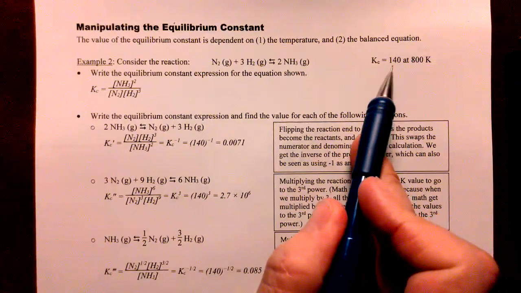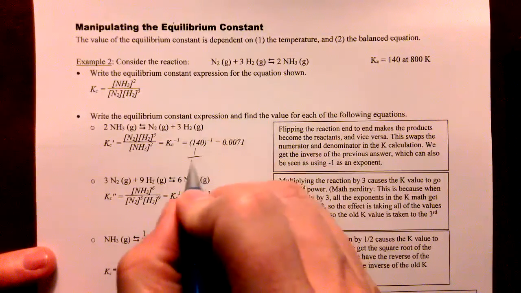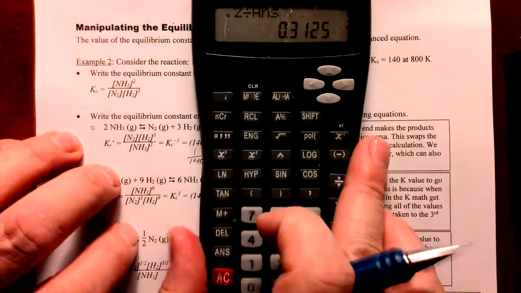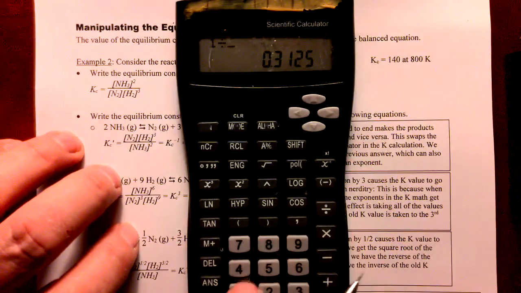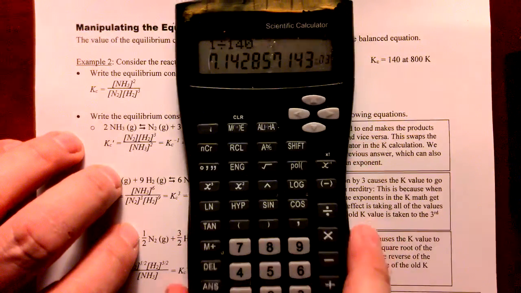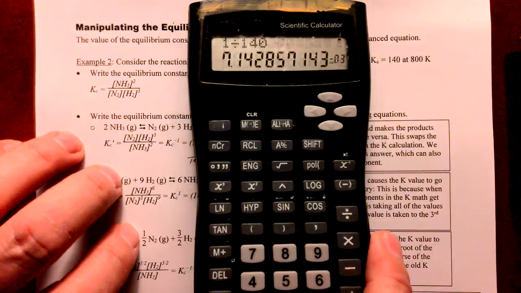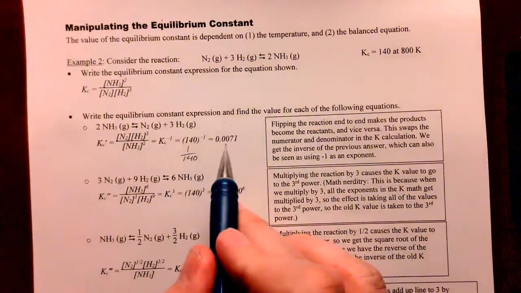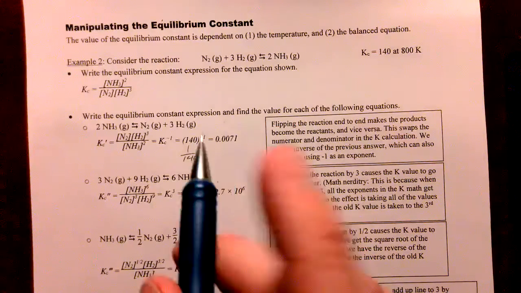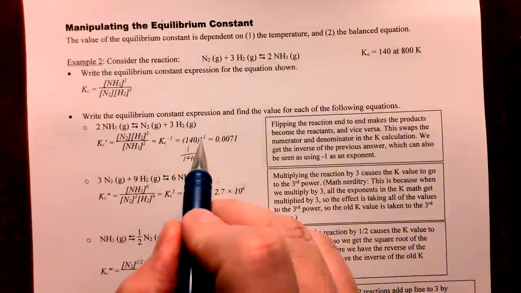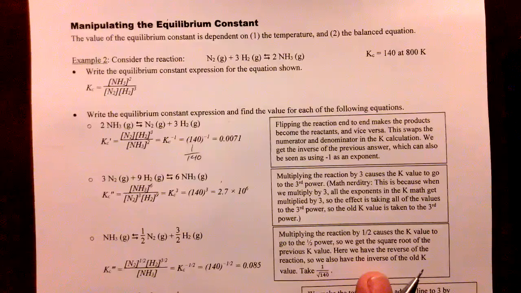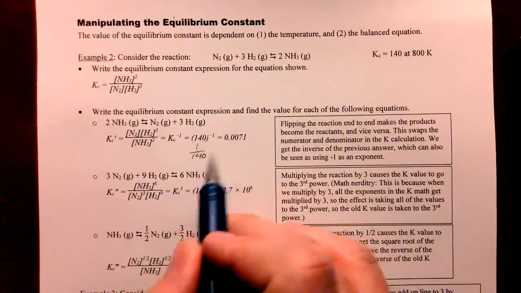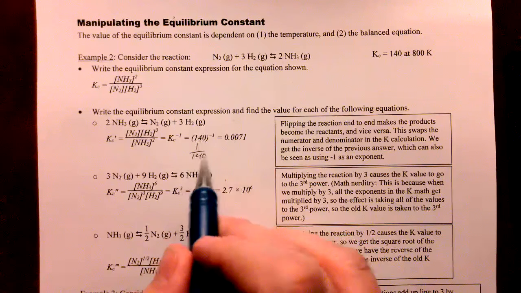So you don't get 140, you get 1 over 140. And just to show you, 1 divided by 140 is 0.00714. Or inverse is to the -1 power. Go ahead and put it in your calculator. You really do get this. You get the same answer either way.